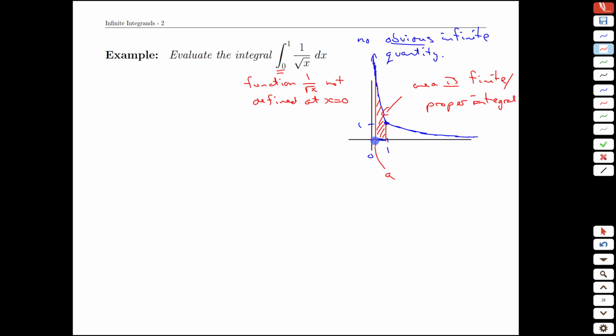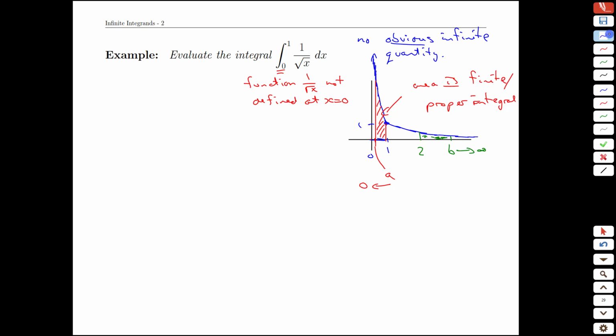Then, as a follow-up, we say, what if I push that a value closer and closer to 0? Remembering what we did before, we would have taken an area from some point, let's say 2 for visualization, and then some point b, and then we would have let b go to infinity, asking what the area is underneath that. This time we're just going to let a approach 0.